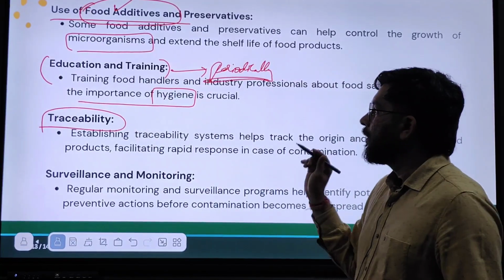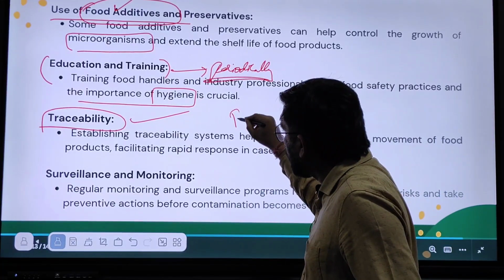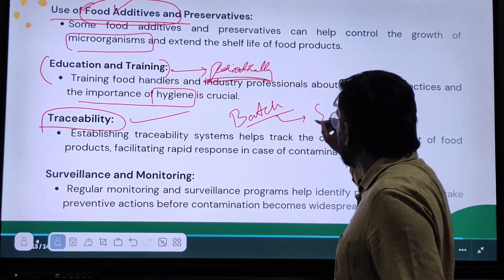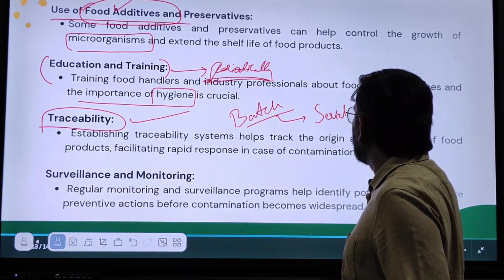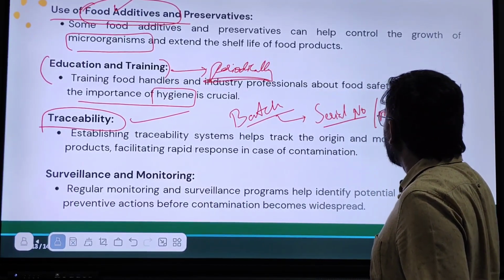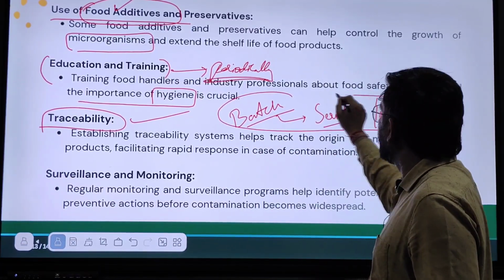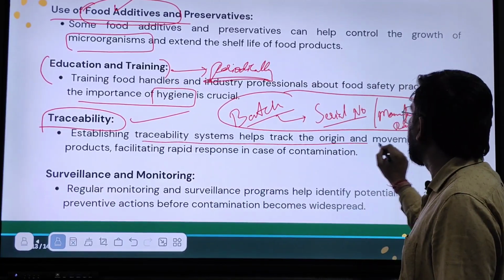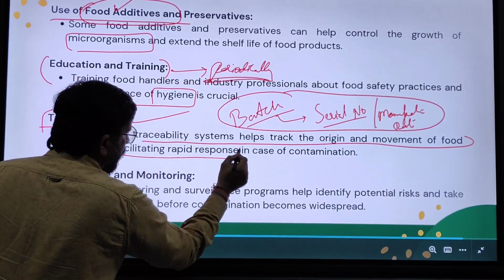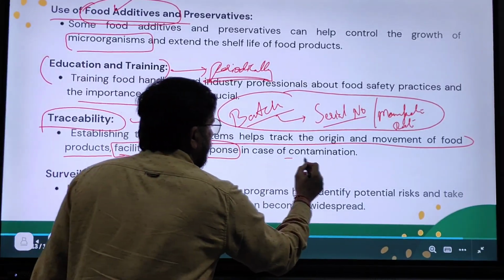During such a scenario, you need to have a facility which can trace which batch is contaminated, with the serial number, manufacturing date, etc. By these methods, we can easily track the origin of the product, where it is contaminated, and what kind of rapid measures you can use to avoid the contamination.